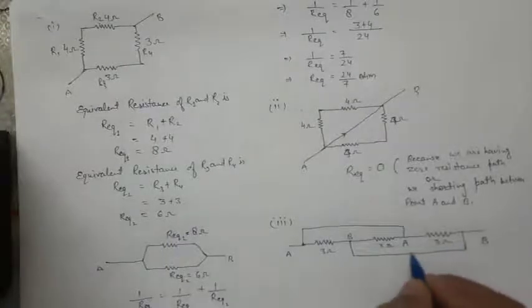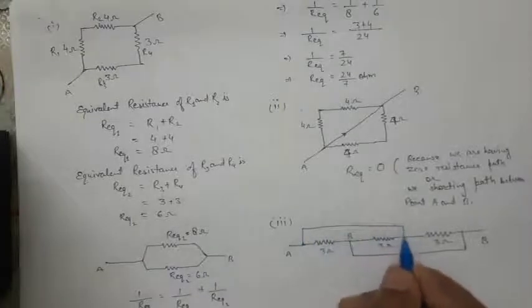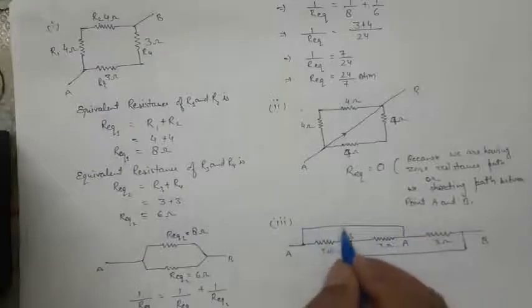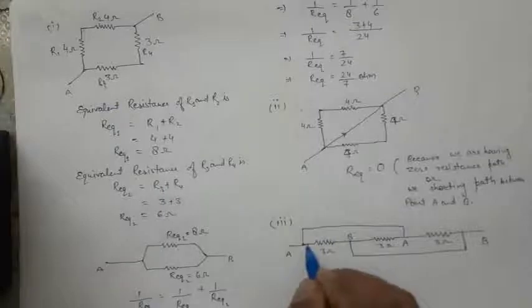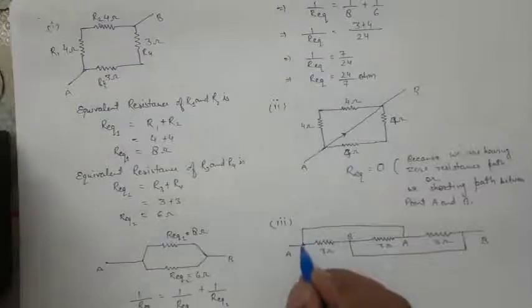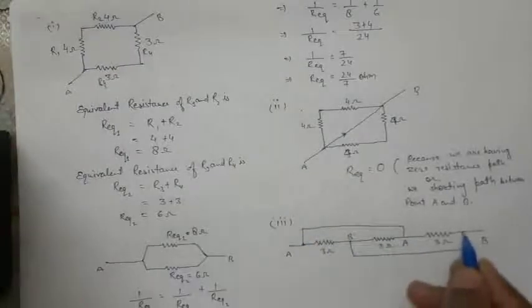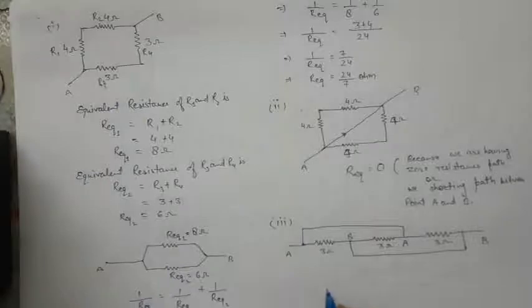In the last video I had written B instead of A. Here is the point A, because there is a path where no resistance is present, so the potential of this point and the potential of this point are the same, and similarly here the potential is B. Now we redraw the diagram in a simpler manner.